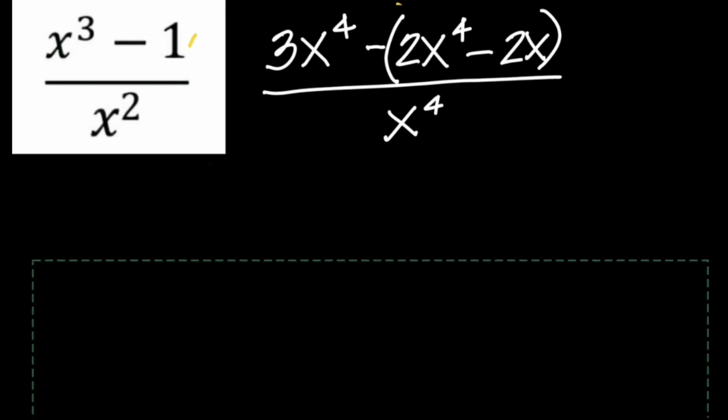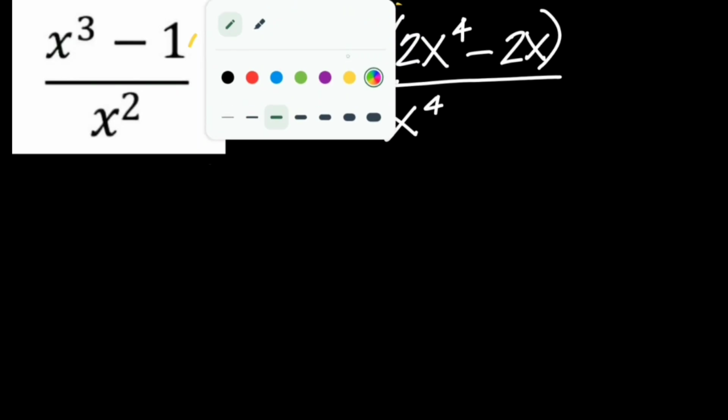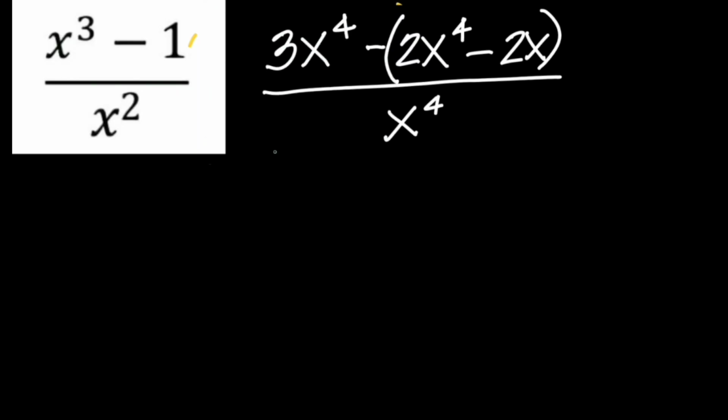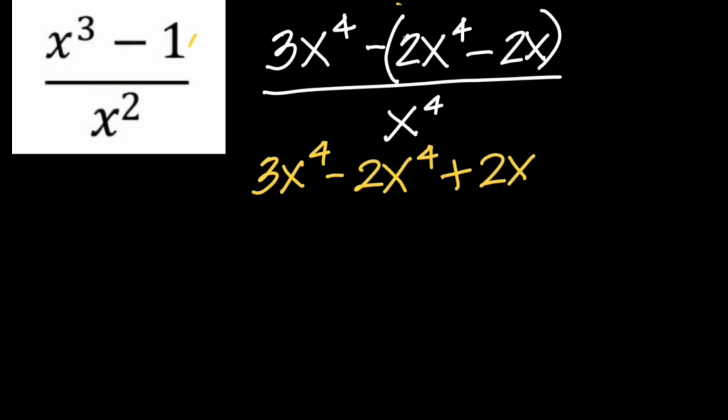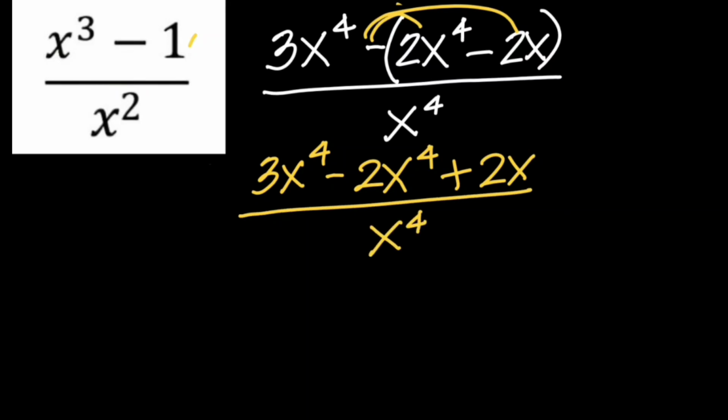Now we have 3x to the 4th minus 2x to the 4th plus 2x, so we just distribute the negative sign to 2x to the 4th minus 2x, over x to the 4th.